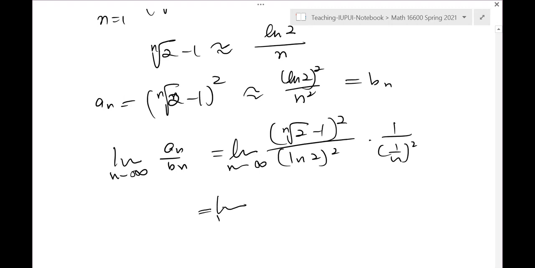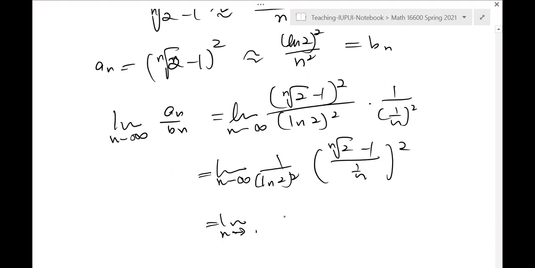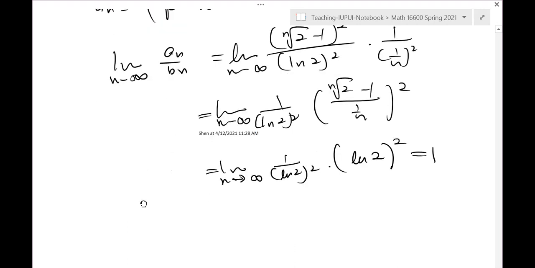Here the limit is natural log of 2, we already did that. So squared, which is 1. So they are asymptotically the same, proportional to each other, okay?